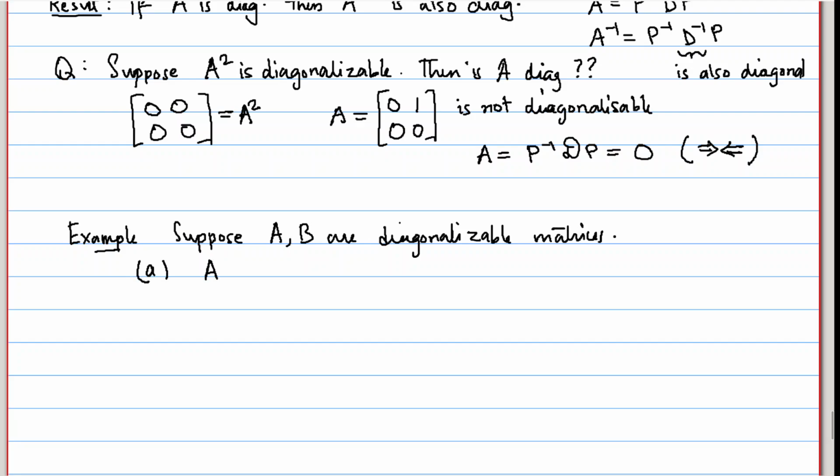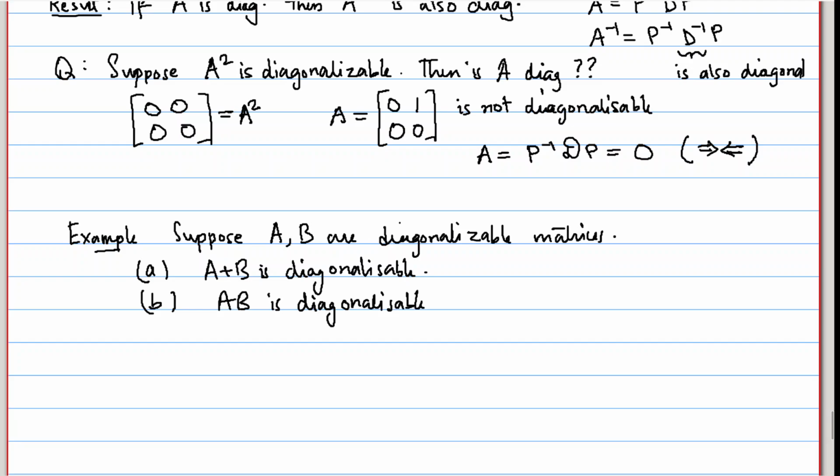Number 8 says that A plus B is diagonalizable. Option B says that AB is diagonalizable. So which of them are true?